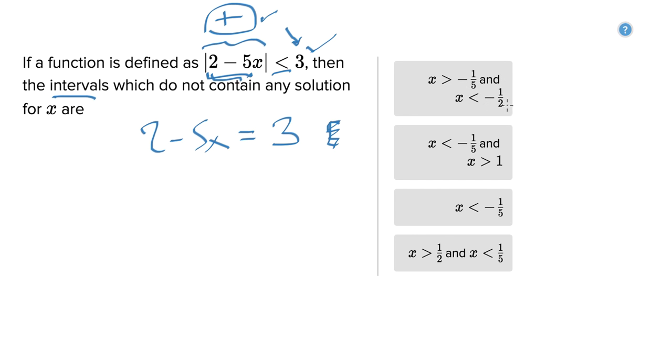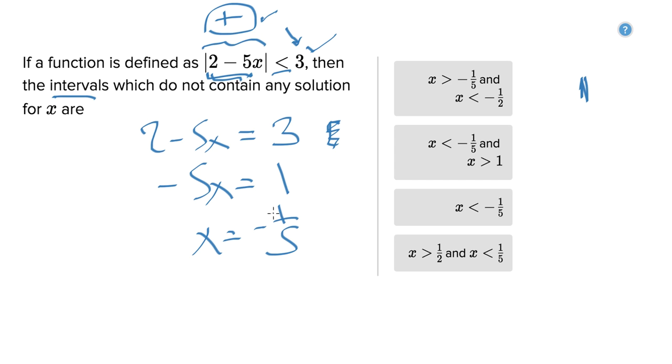So let's try to see what number that is. If we subtract 2 from both sides, we end up with negative 5x equals 1, where x equals negative 1/5. I did this by dividing both the negative 5x and the 1 by negative 5.